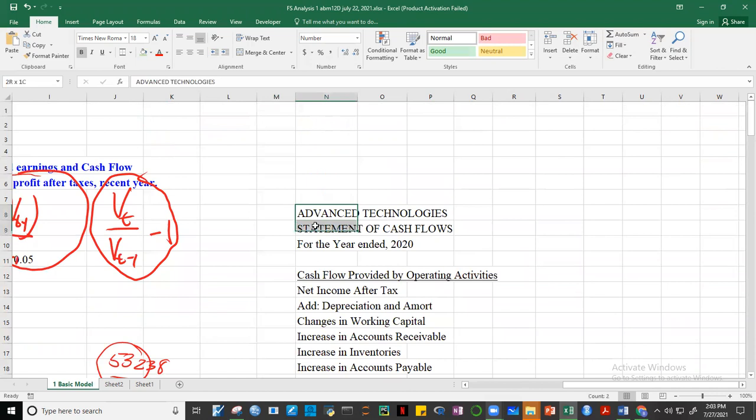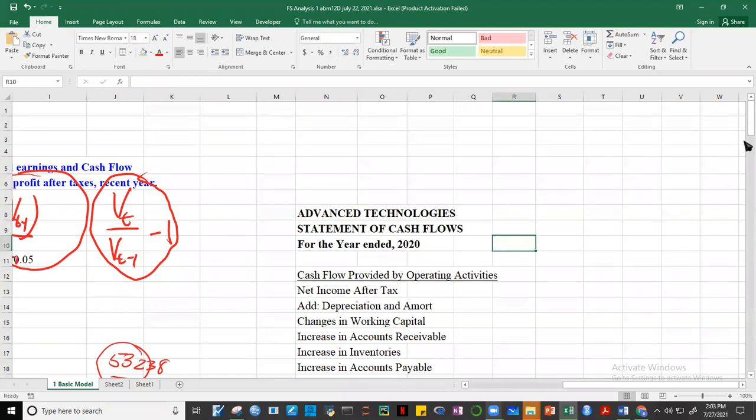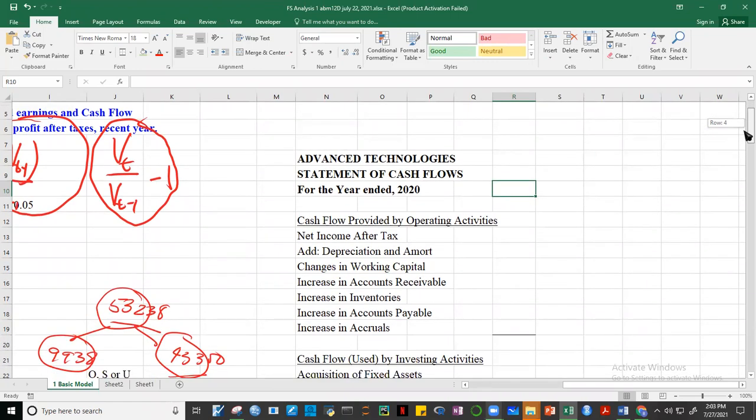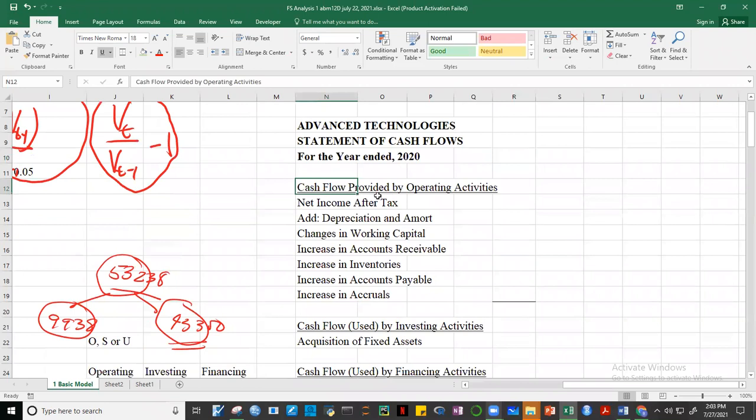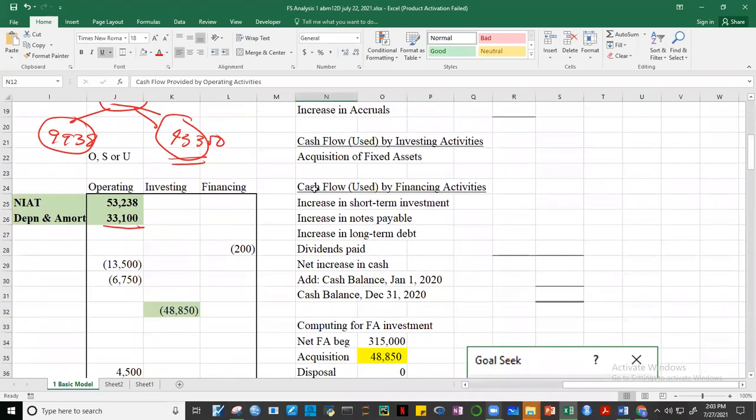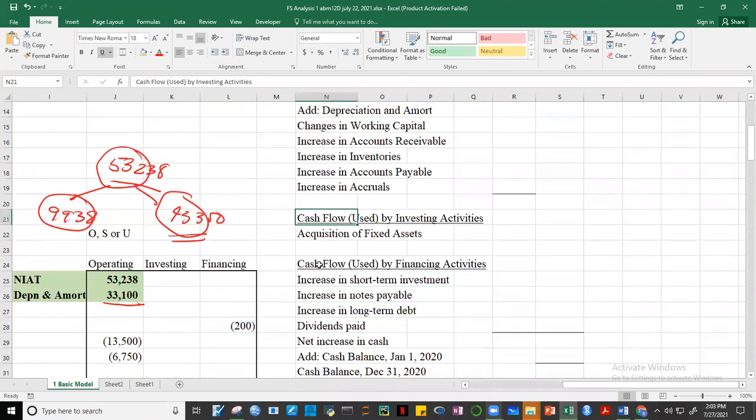Again, guys, yung titles, statement of cash flows, and then for the year ended, for the period of 2020. Okay, let's take a look at this. Tatlo, cash flow provided, kasi positive yung operating. Cash flow used by investing, kasi negative siya. Cash flow used by financing, kasi negative din siya.